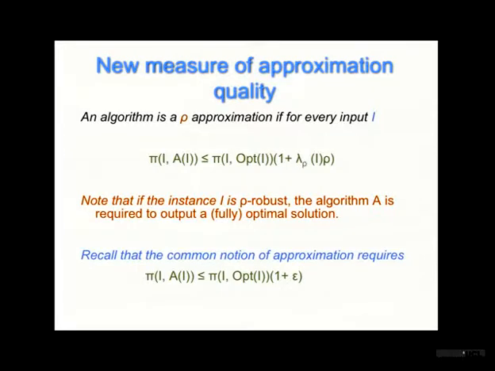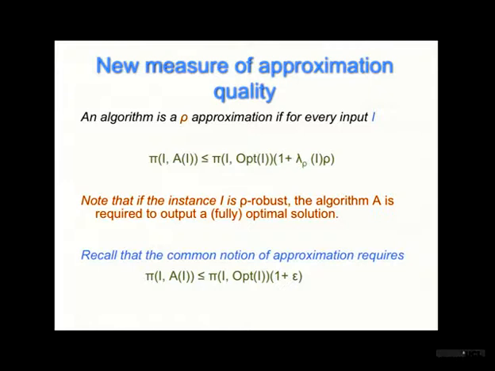So now I say that an algorithm is a rho approximation if for every input I, I take an input I, apply my algorithm, and compare my cost to the cost of the optimum for I. But instead of doing 1 plus epsilon as we did in the standard definition, what we're doing here is 1 plus this lambda rho of I. So rho should be compared to this epsilon.